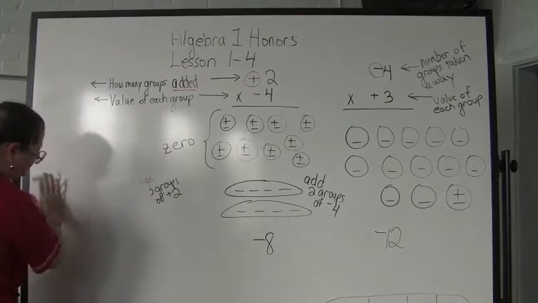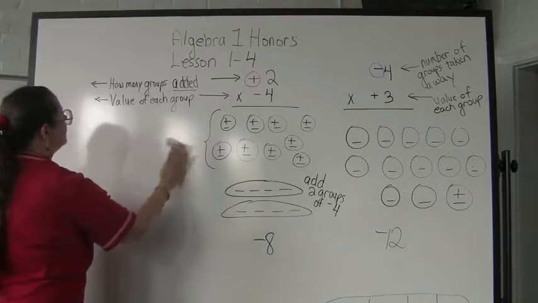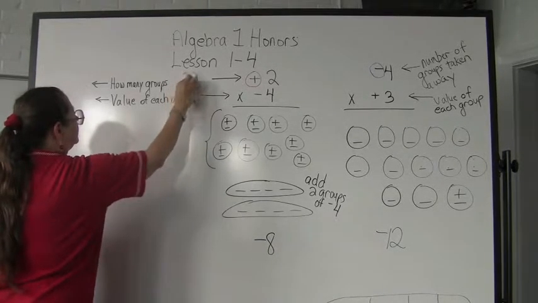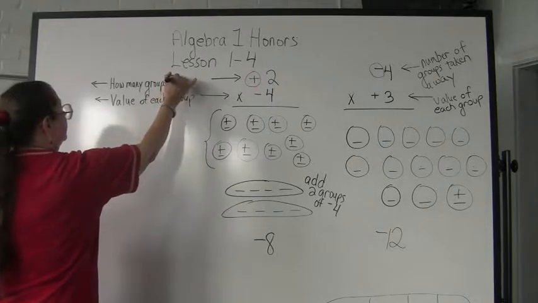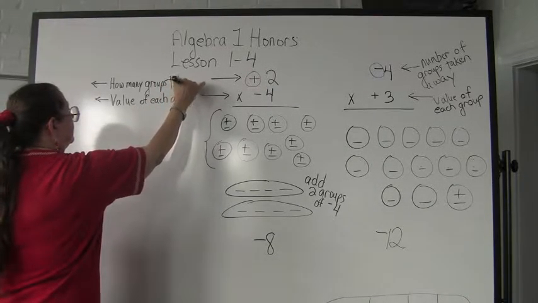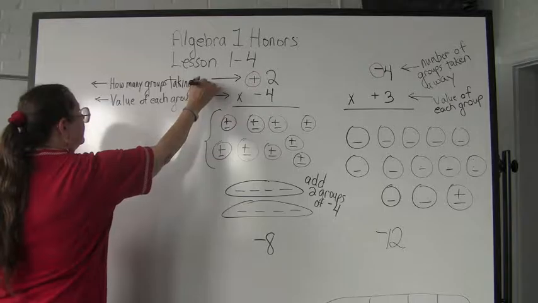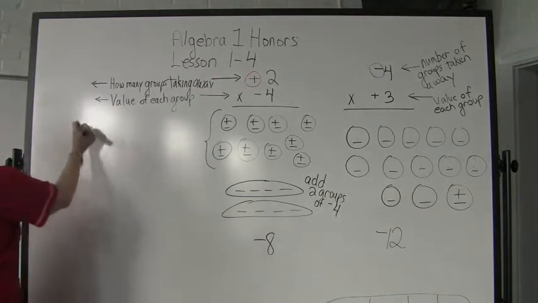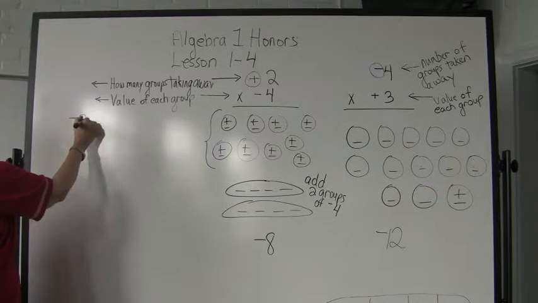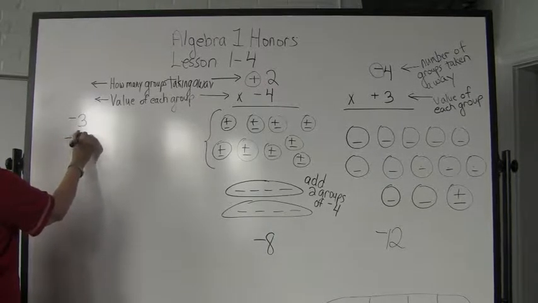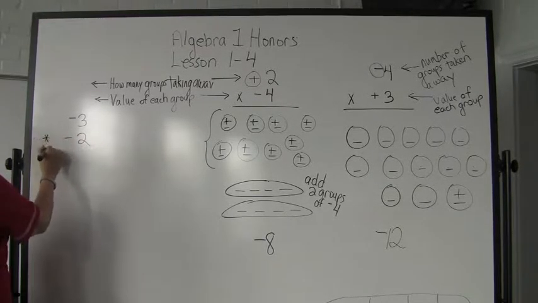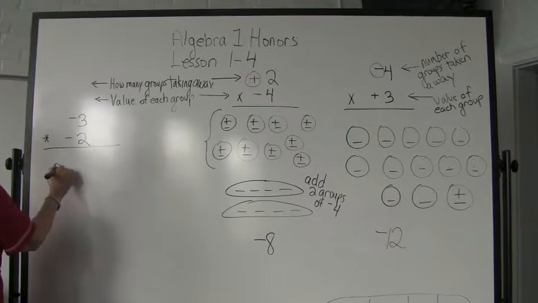So let's look at it. So we're going to be taking away, here, we're going to say minus 3 groups of minus 2 each. Okay, so we have to make our zero world first.